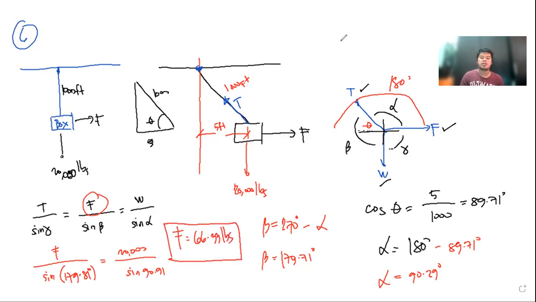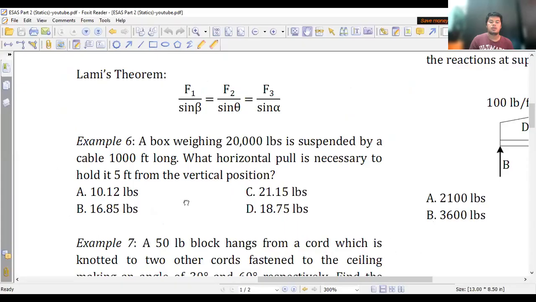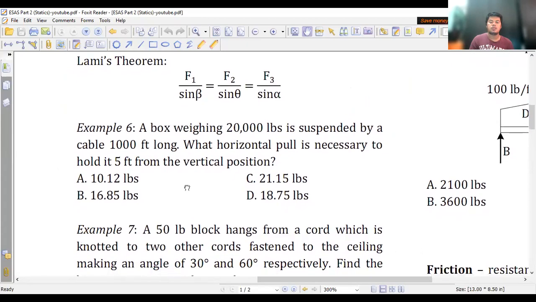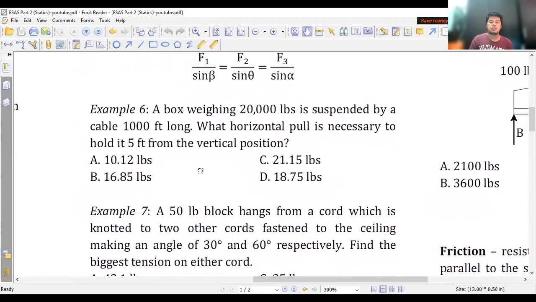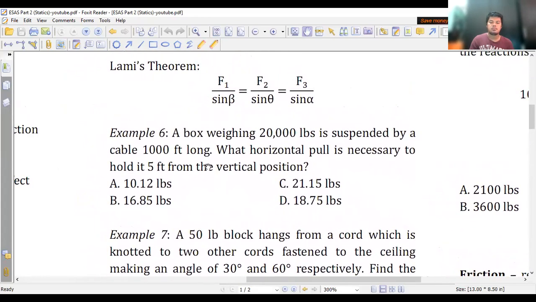Okay, so let me check if we have that number. What horizontal force is necessary to hold it 5 feet from the vertical position?